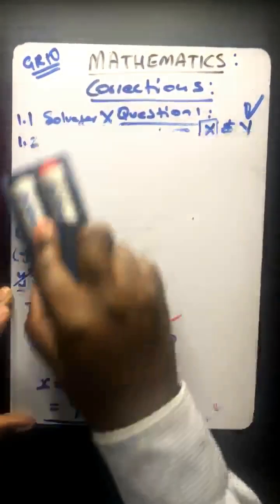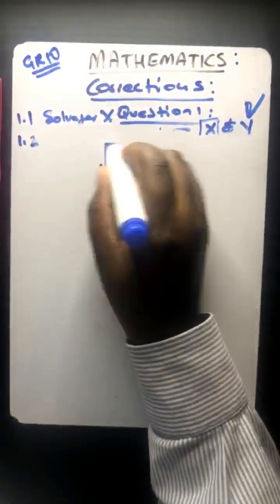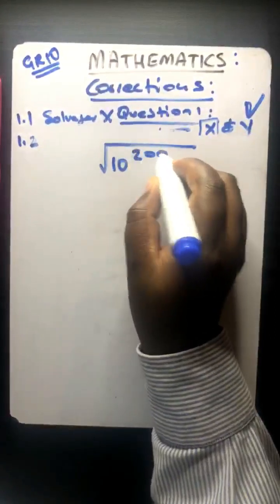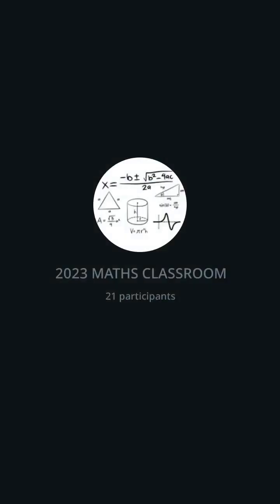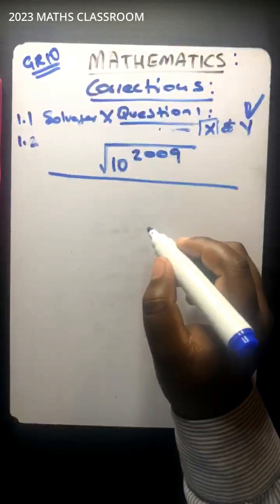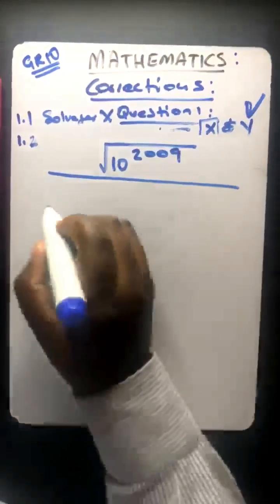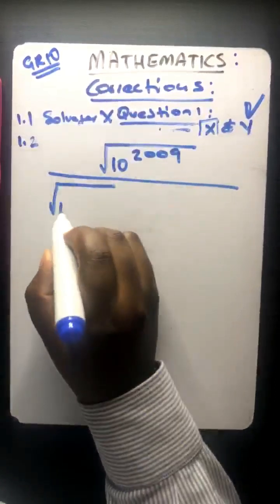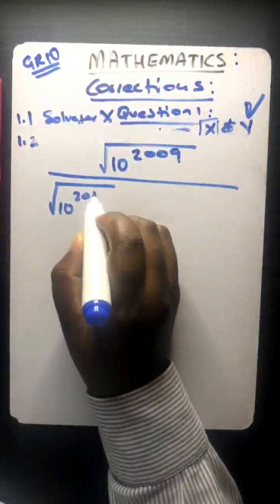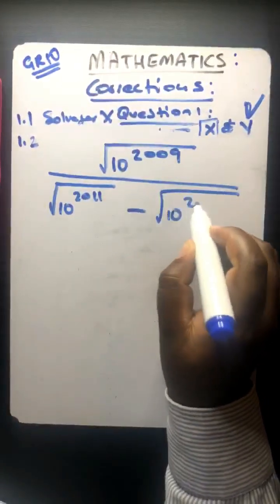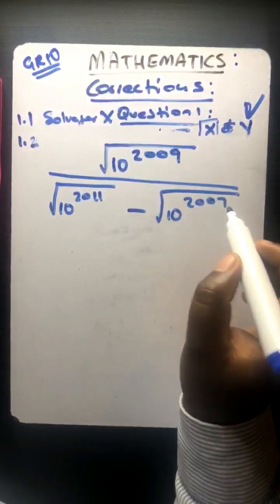Let me remove all of that and come to this question, which is, in most cases, tricky. We have 10 to the exponent 2009, all of that, square root of that, and then you also have 10 to 2011 minus square root of 10 to 2007.